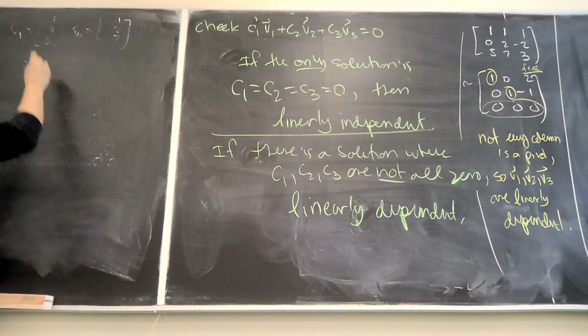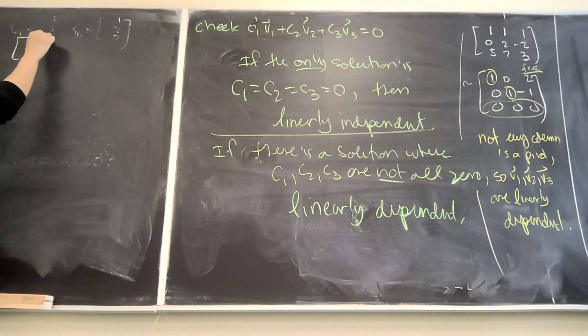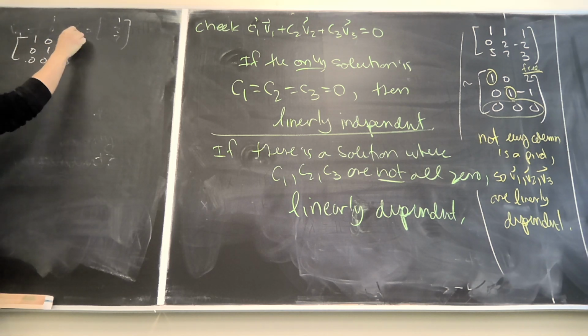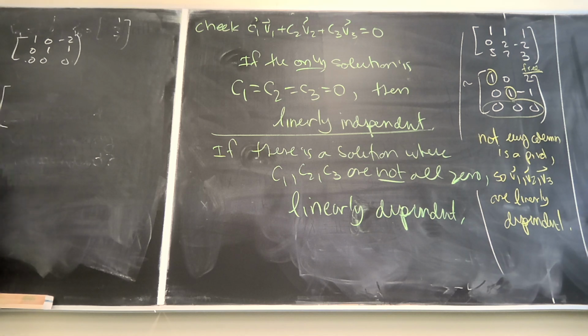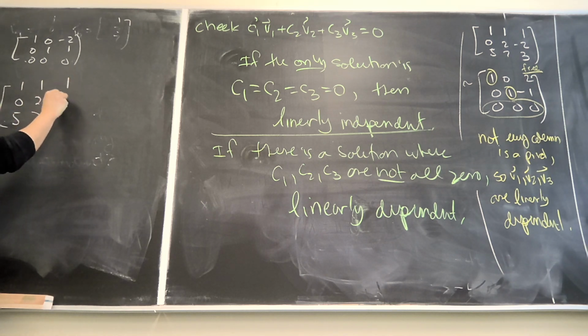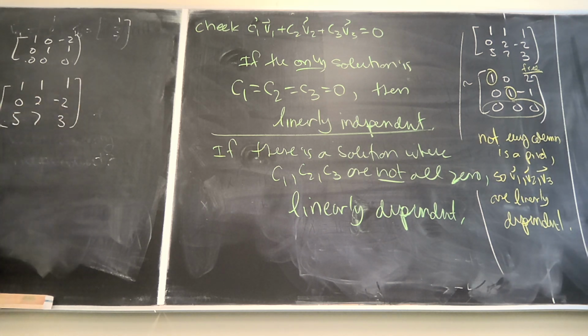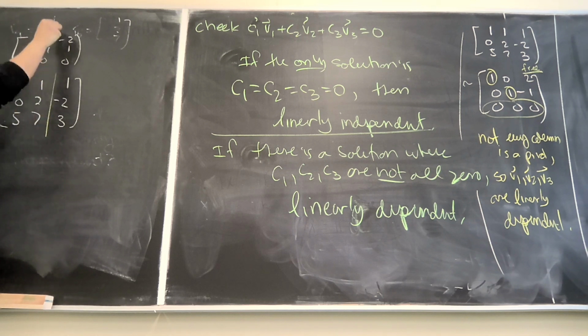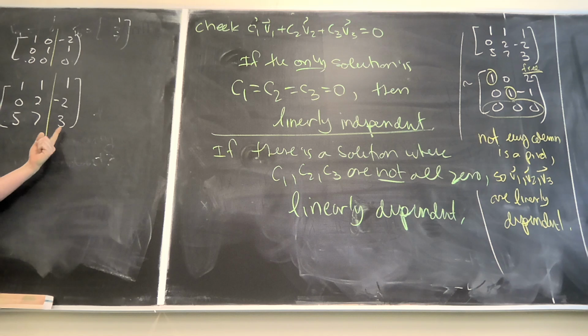So if you look at the matrix 1, 0, negative 2, 0, 1, 1, 0, 0, 0, as the row reduction of what we started with, 1, 0, 5, 1, 2, 7, 1, minus 2, 3, if I had thought about this original setup as the question where I put an augmented column right here, that would be asking the question, can I write the third vector as a linear combination of the first two?